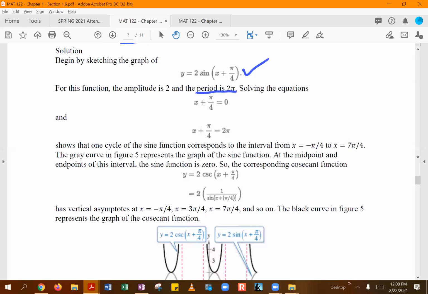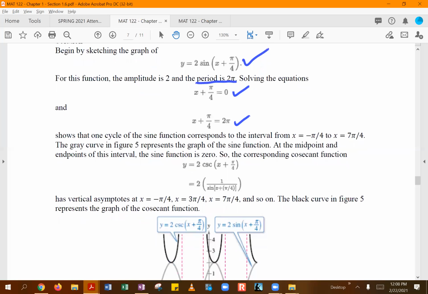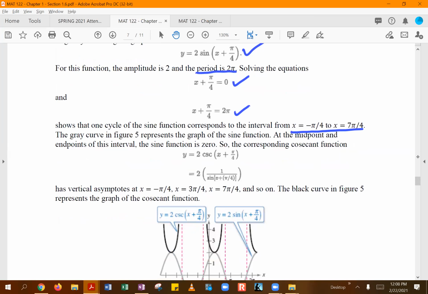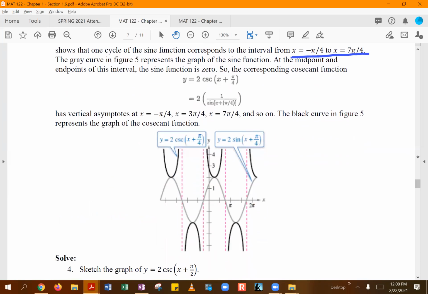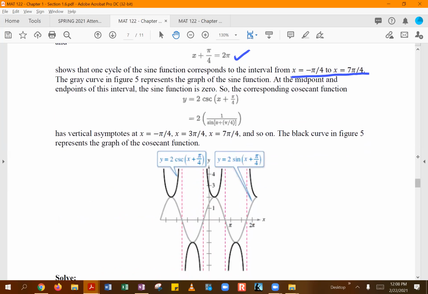Start by, just like you would do with any normal sine function, figuring out your period interval. So we go from 0 to 2 pi, which gives us a period interval of negative pi over 4 to 7 pi over 4. Then we come up with our 5 key points to find our minimum, maximum, intercepts and all of that.